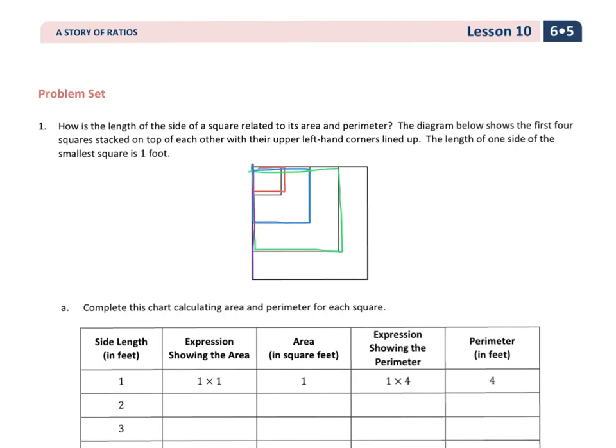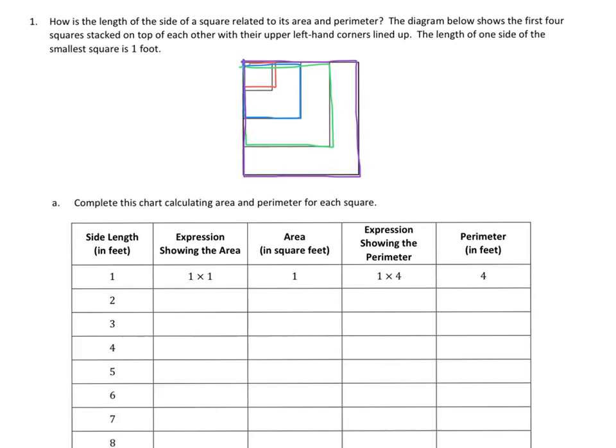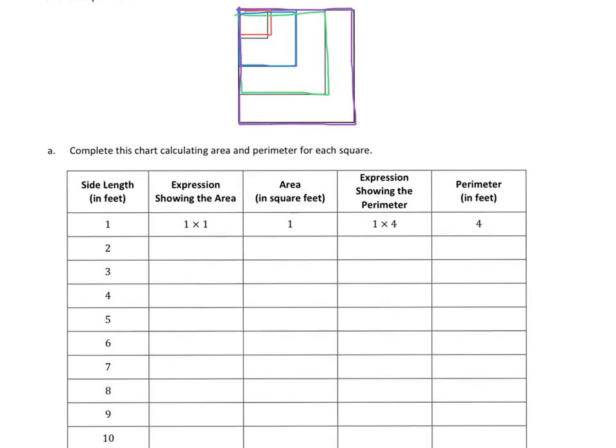What we're trying to do now is, with our chart, see what impact side length has on the area and the perimeter. So the first thing I want to do is read my chart here. I got my side lengths here in feet, and I know that if one side is measured 1, then all the others are.